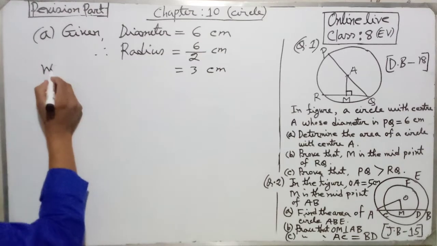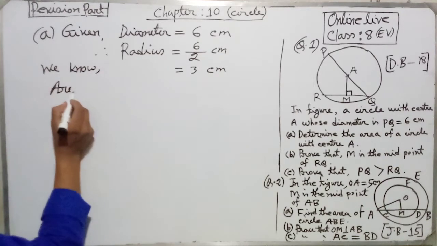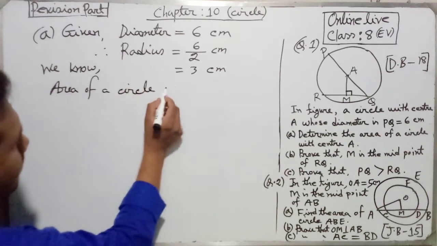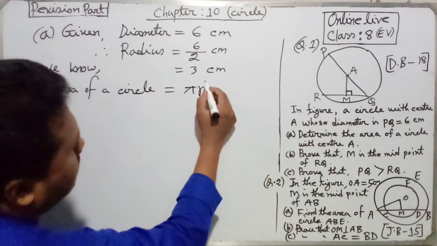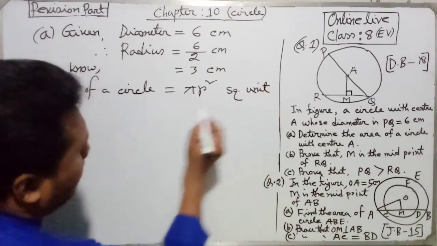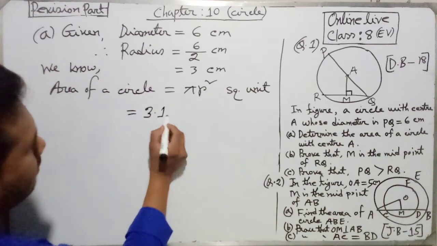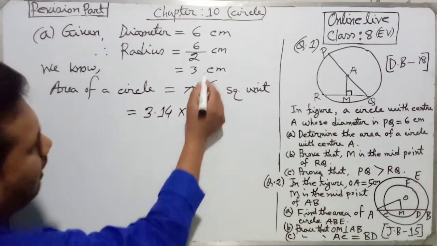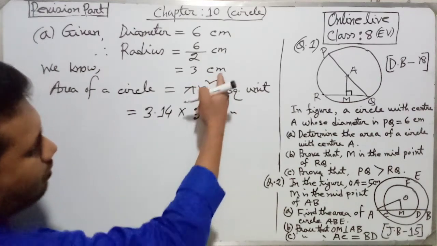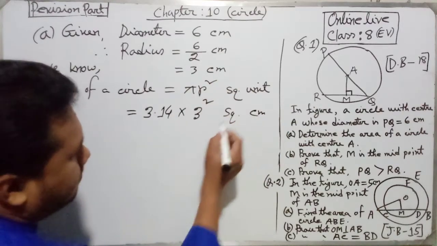Now we know area of a circle equal pi r square unit. Now the value of pi we can write 3.14 and r, that means 3 square, and now this is centimeter, so it will be square centimeter.